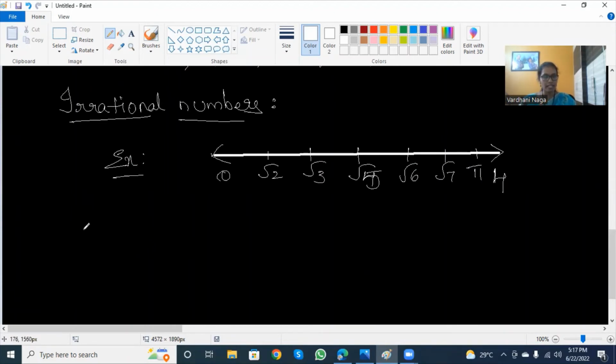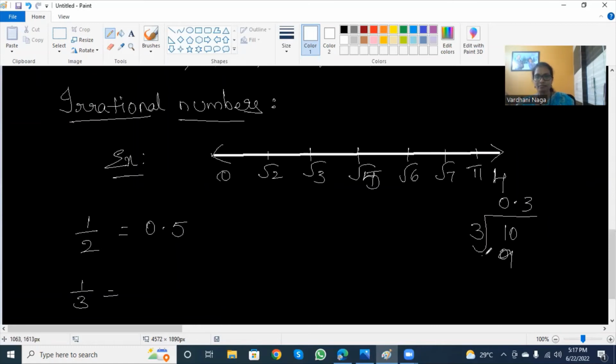See, for example, how do we represent 1 by 2? Everybody knows it's 0.5, right? 1 by 3, let's divide this and check. 1 is going to be divided by 3. So put a point, 0 times, so you can place 1, 0; 3 3s are 9. 10 minus 9 gives 1.